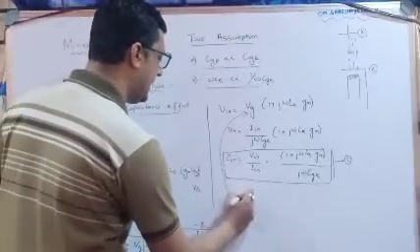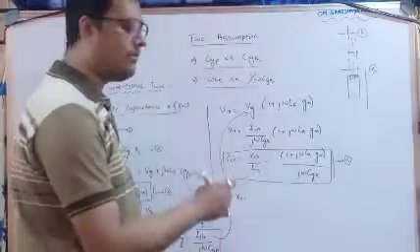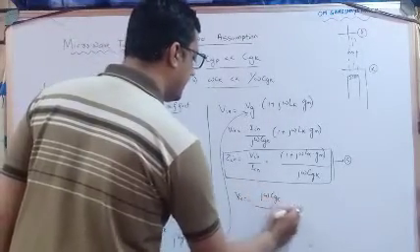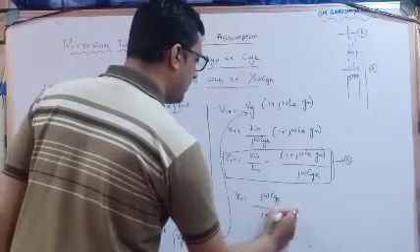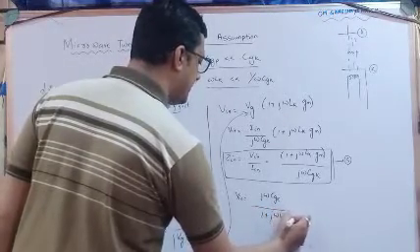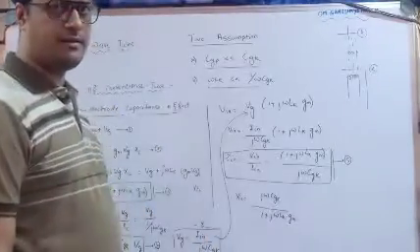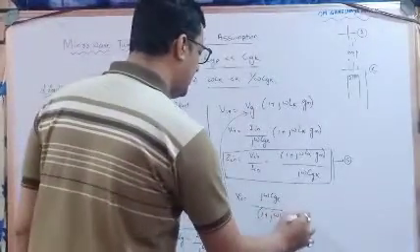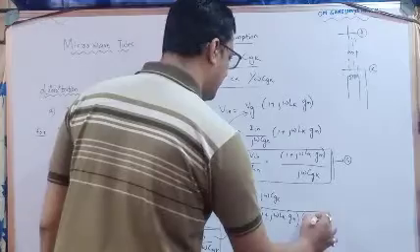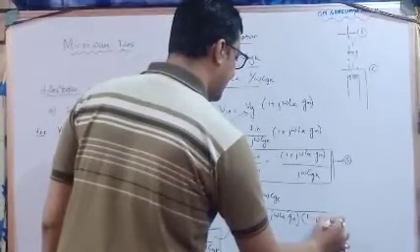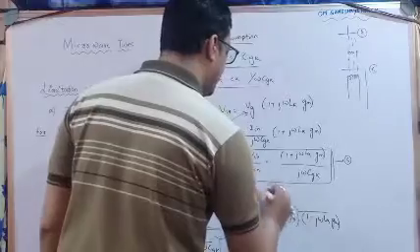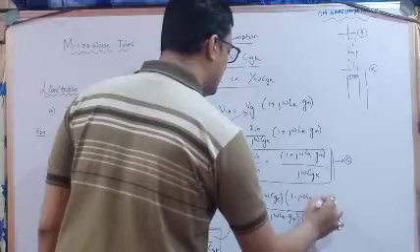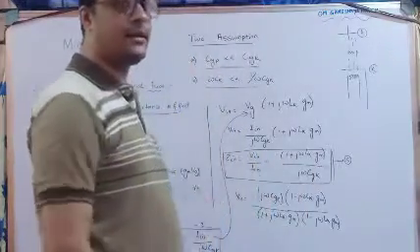So Yin, for simplification, I am taking Yin is equal to j omega Cgk divided by 1 plus j omega Lk into Gm. Now it is in a simple manner. Now how to solve this? Just multiply by the conjugate, or componendo and dividendo method. So it is 1 minus j omega Lk into Gm, here also 1 minus j omega Lk into Gm. Simple. So this is called an admittance.